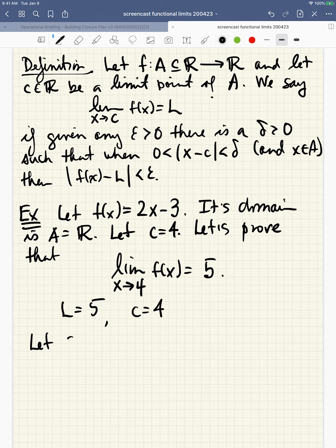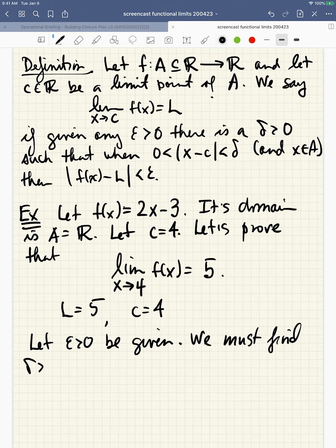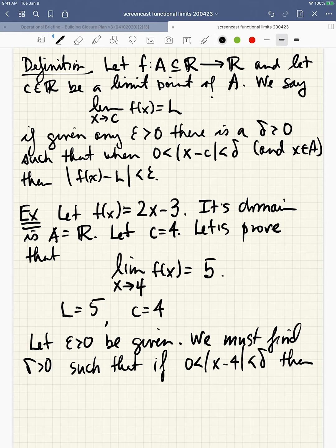We need to show that letting epsilon greater than 0 be given, we must find a delta greater than 0 such that if 0 is less than absolute x minus 4 is less than delta, then absolute f of x minus 5 is less than epsilon. Okay, so that's what we need to show. So let me copy this over. We're going to do some scratch work.